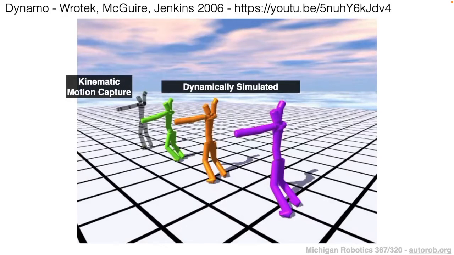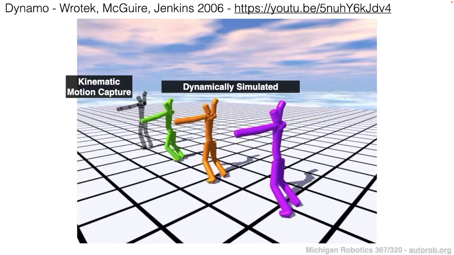To look at this in a concrete example, I'll play this video. It's a short clip that shows these two ideas separately. We have these skeletal structures which are in simulation, and I'll point out the figure in black, towards the left-hand side of the video. This figure is showing data that was captured from a motion capture system.